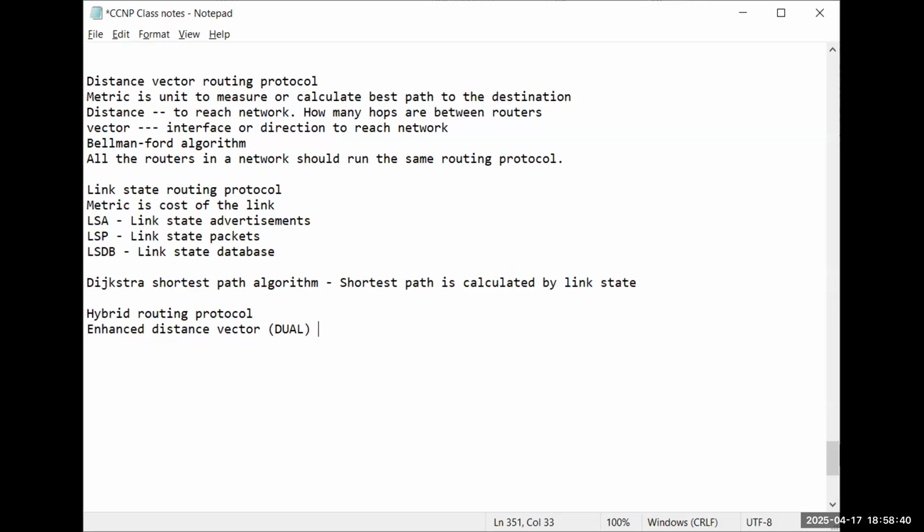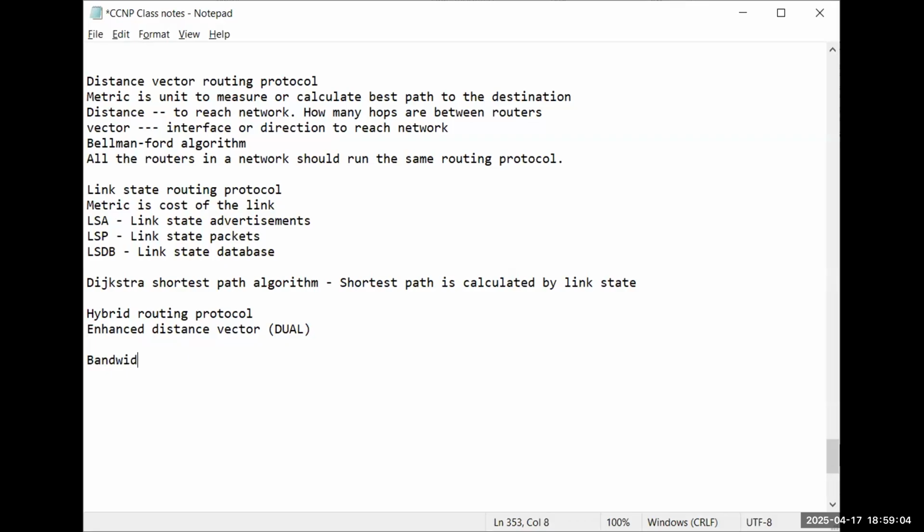So this is going to calculate the shortest path within the network with certain metric values used in this algorithm. One is bandwidth.